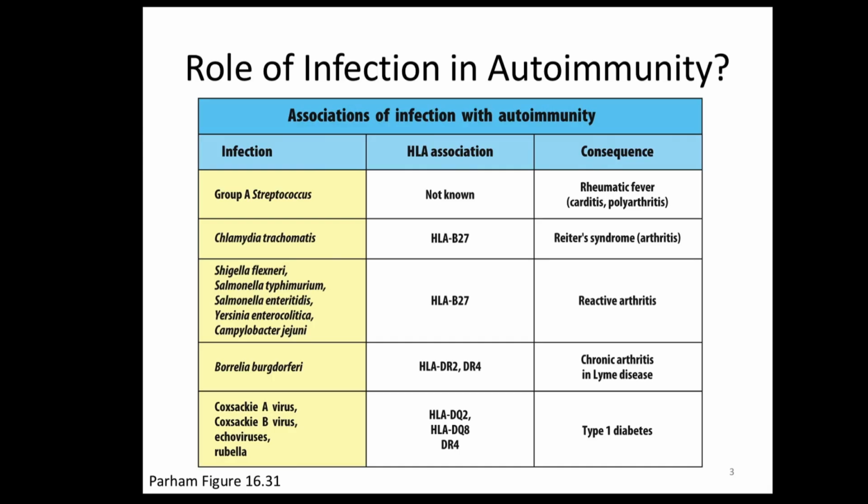It's hard to make the association because we don't know our HLA types off the top of our head. So figuring out the association between the microbe and the autoimmune disease is hard. You can see some examples here, from the most recent version of the Parham textbook, of particular microbes that have been associated with autoimmunity.